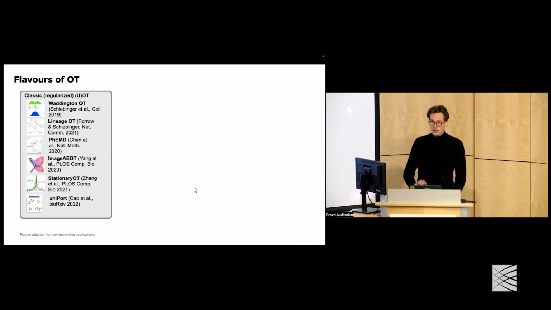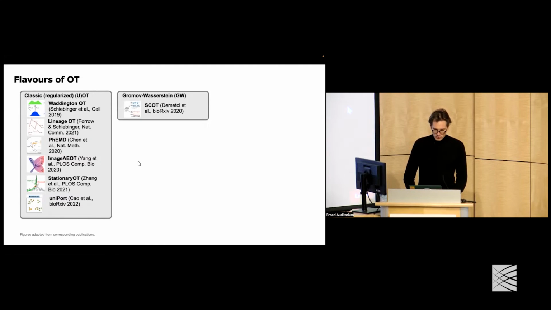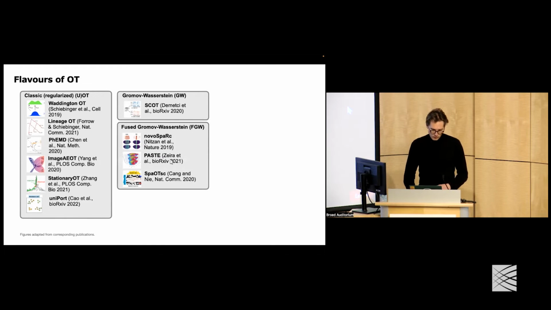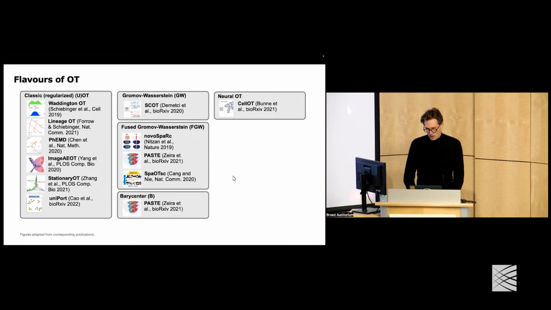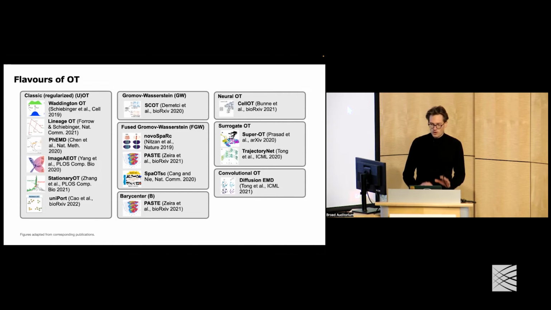Okay, now we can look into how the different methods fall in these categories of the different flavors of optimal transport. So most use the classic, potentially entropically regularized, potentially unbalanced version of optimal transport, such as Waddington OT. But there have also been Gromov-Wasserstein applications, fused Gromov-Wasserstein applications, and some more exotic flavors of optimal transport, such as barycenters, neural OT, surrogate OT, or convolutional OT, which are not really the focus of this talk.